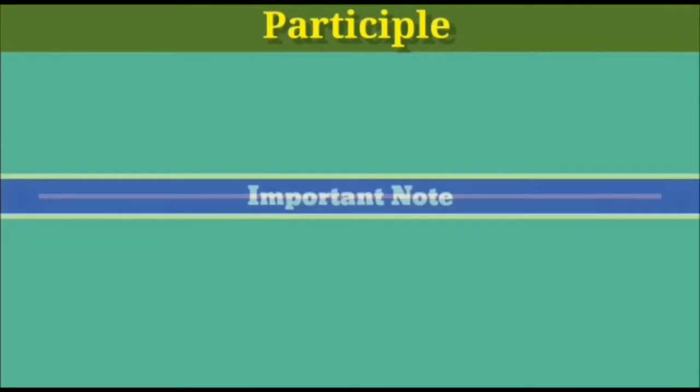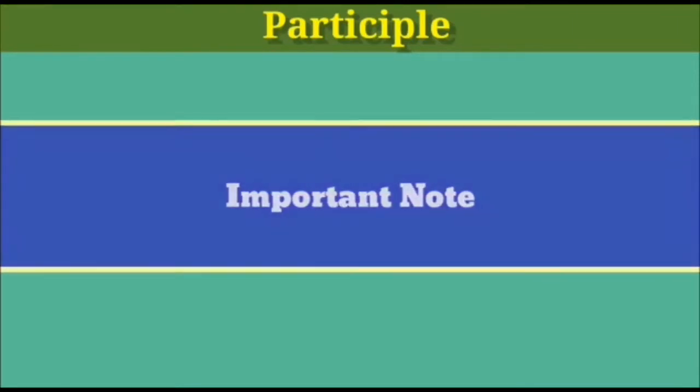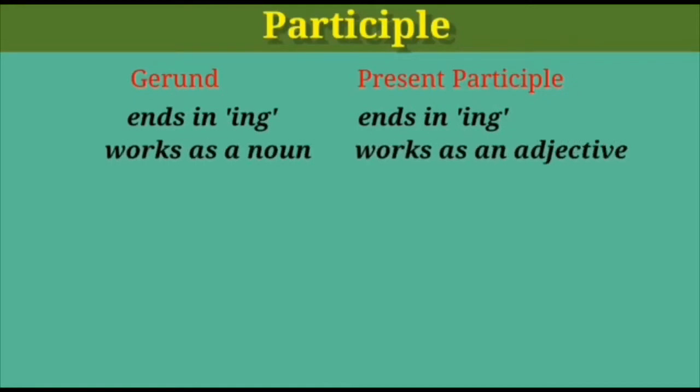Before I wind up, I know the video is going to be lengthy, but this is a very important point to discuss. Don't mix up gerund and participle, because gerund also ends with ing. But a gerund is a noun in itself. For example, hardworking is a good thing. Here hardworking is a noun itself.